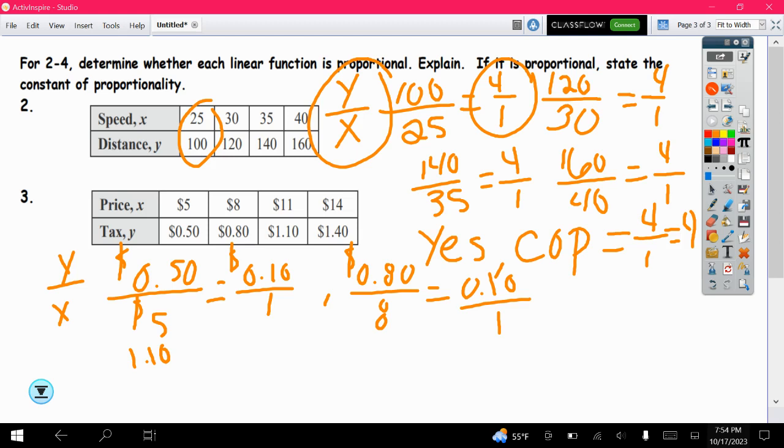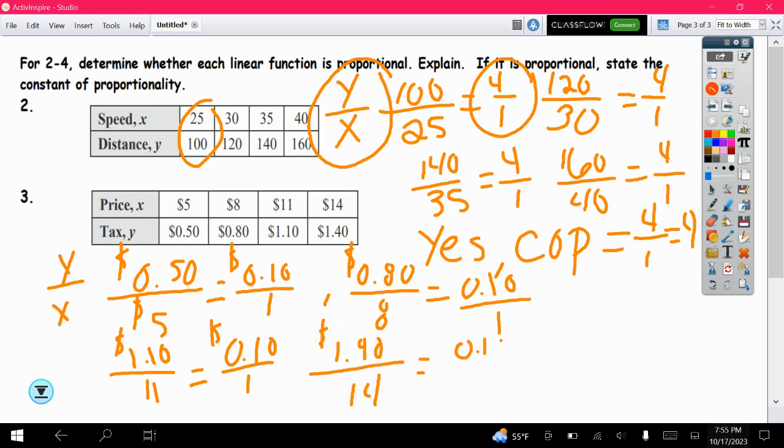And $1.10 over 11 simplifies to 1/10 over 1. And then same thing with $1.40 over 14. That simplifies to 1/10 over 1. So yes, this is also proportional, and our constant of proportionality is equal to 1/10.